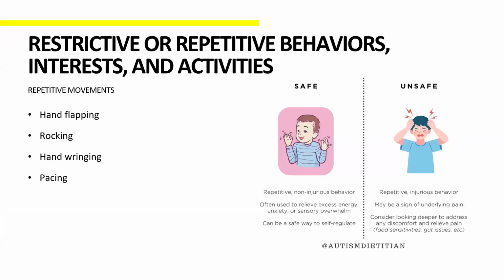The safe examples of stimming are often used to relieve excess energy, anxiety, or sensory overwhelm, while the examples of unsafe behavior, such as SIB or self-injurious behaviors, may be a sign of underlying pain. One might consider looking deeper to address any discomfort the individual may be experiencing to relieve potential pain before moving on to behavioral strategies.